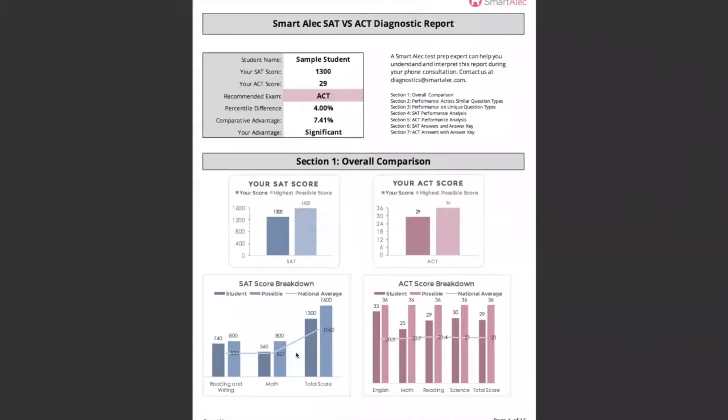So I wanted to also talk a little bit about what we're hoping for you as test prep tutors coming out of this seminar. One of the big things that makes test prep different from academic tutoring is the fact that you are really guiding them through this entire process.